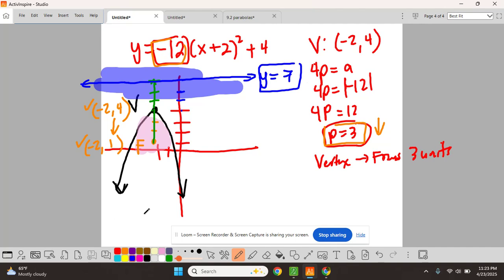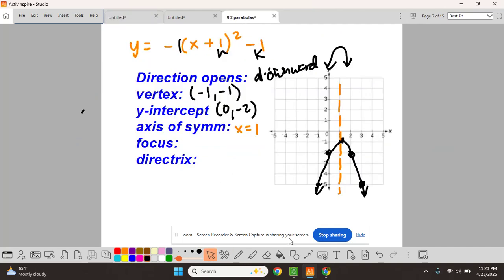Okay, so now let's apply that to the real problem given. Going back, I know now that the value of my a here is negative 1. And now the formula is 4p is equal to the absolute value of negative 1, which is 1. P is equal to 1/4. So we know that the graph will go down by 1/4 to find the focus.